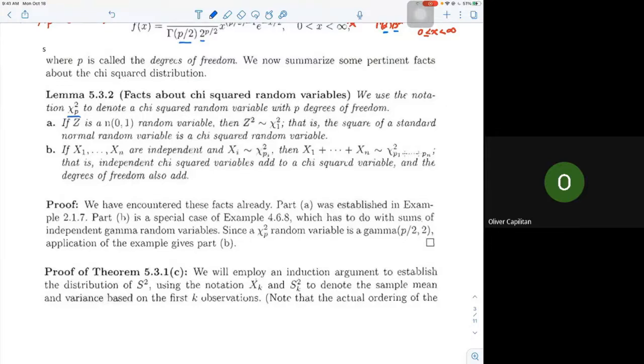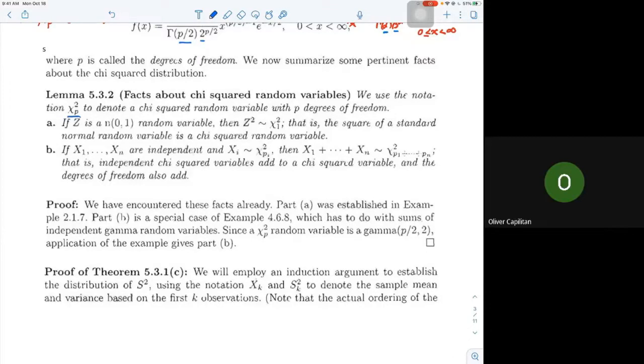And for letter B, if x sub 1 up to x sub n are independent, and x sub i has a chi-square distribution with p sub i degrees of freedom, then the sum of x sub 1 up to x sub n has a chi-square distribution with degrees of freedom p sub 1 plus up to p sub n.